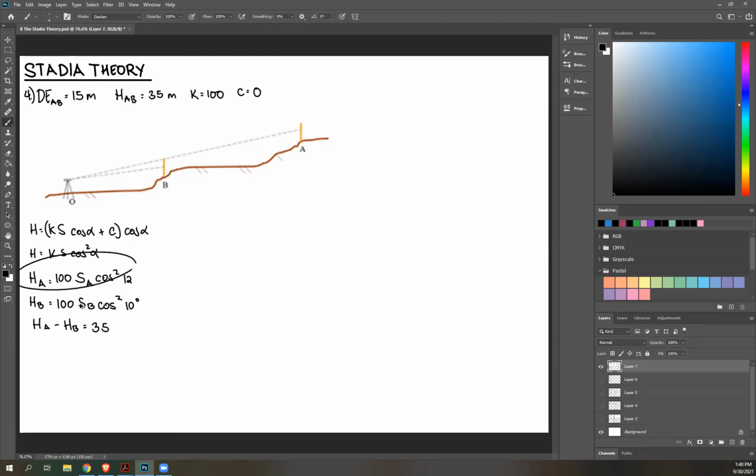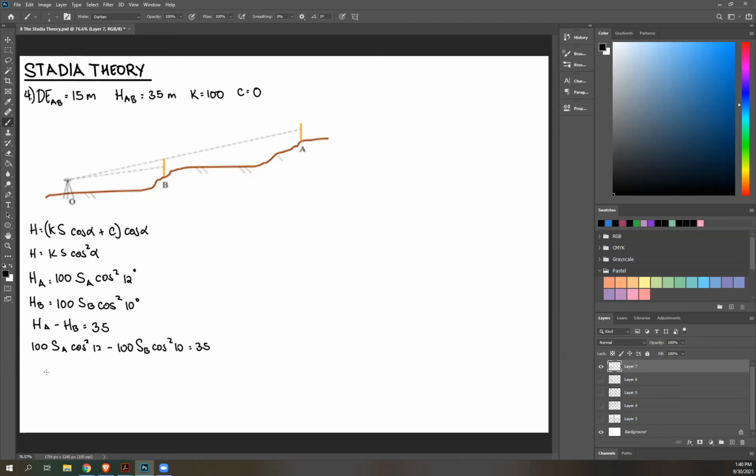And then let's sub in our equations for HA and HB. So 100 SA cosine squared 12 minus HB, which is 100 SB cosine squared 10 equals 35.